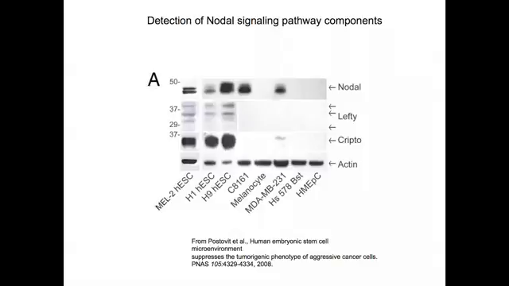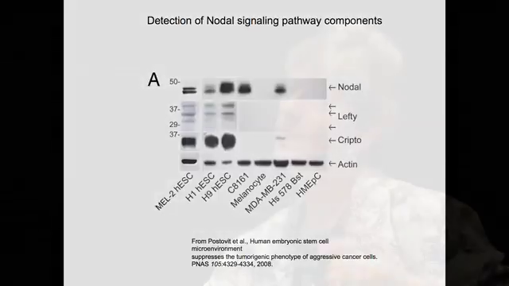These cell lines are pluripotent, and they're able to differentiate into a lot of different types of cells. That's one of the characteristics of stem cells. Each one of these lines that she looked at is expressing this protein called nodal. And nodal actually contributes to the pluripotency of these human embryonic stem cells.